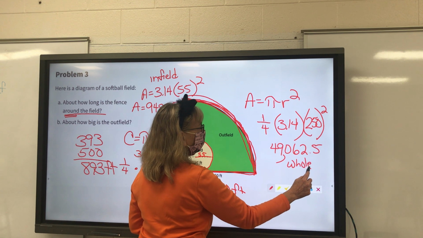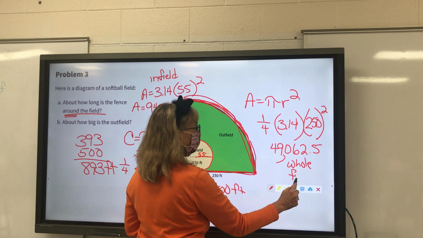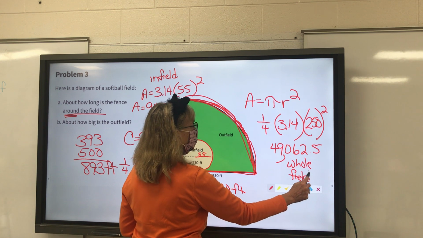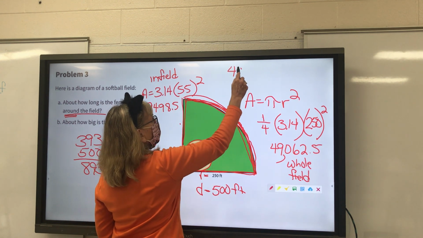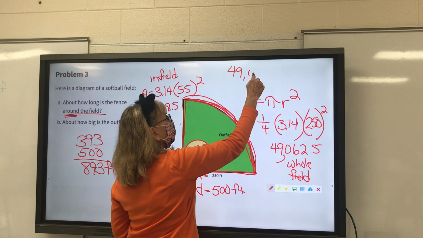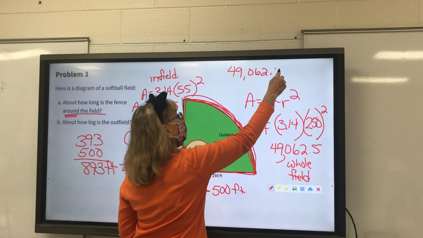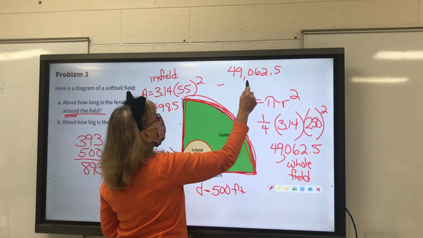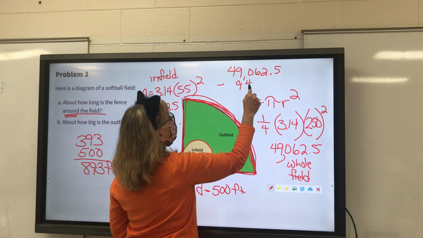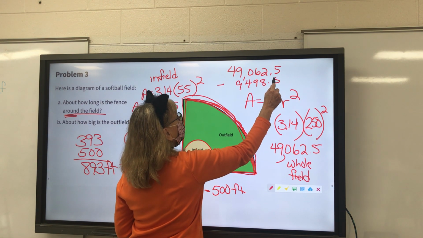So what are you going to do to find the outfield? Subtract them. So we're going to take 49,062.5 and subtract 9,498.5.